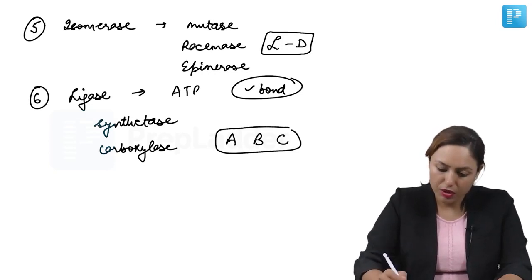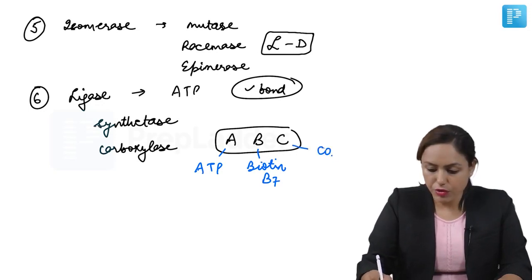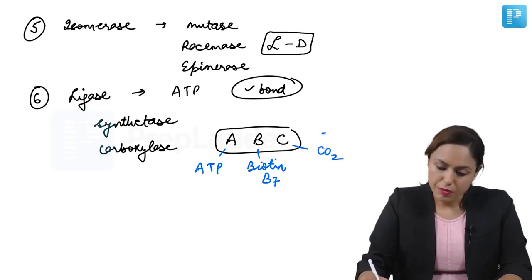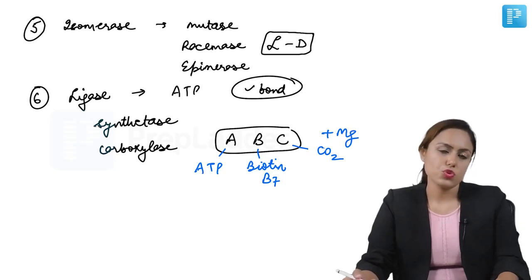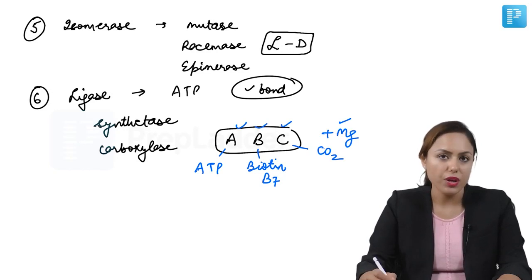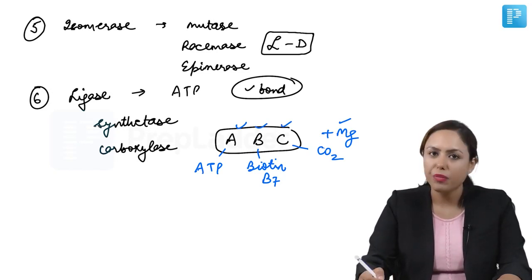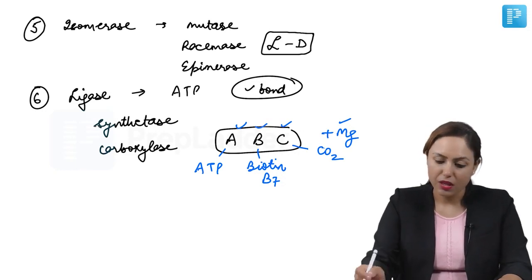ABC is the mnemonic: A for ATP, B for biotin, vitamin B7, and C for carbon dioxide plus magnesium. So any carboxylase uses A, B, C plus magnesium, right? ATP, biotin, vitamin B7, carbon dioxide and magnesium, right?